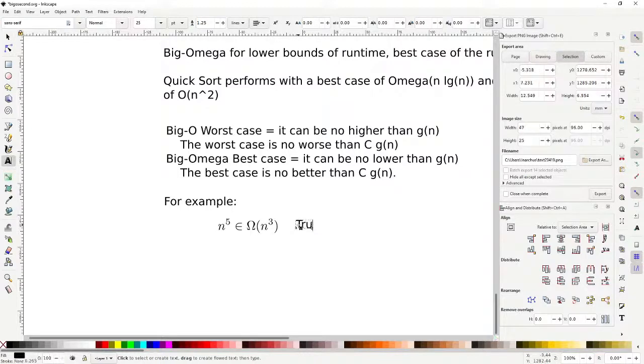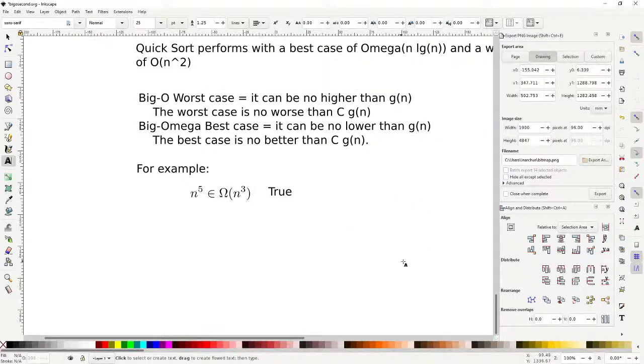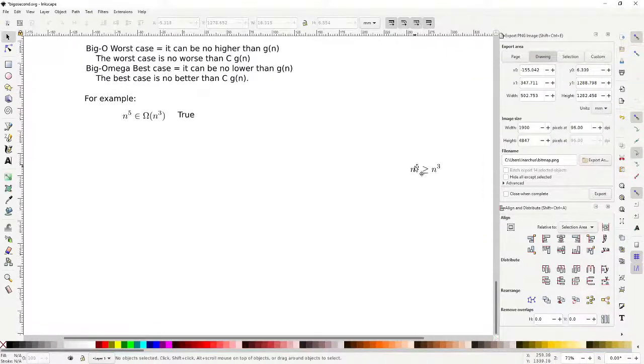And the reason why this is true is because we know that n to the fifth is just greater than or equal to n cubed after a certain point, right? And that's true forever. So it's weird because you're looking at a function that's a higher degree outside than the function inside. But remember that omega flips our intuition on its head a little bit.